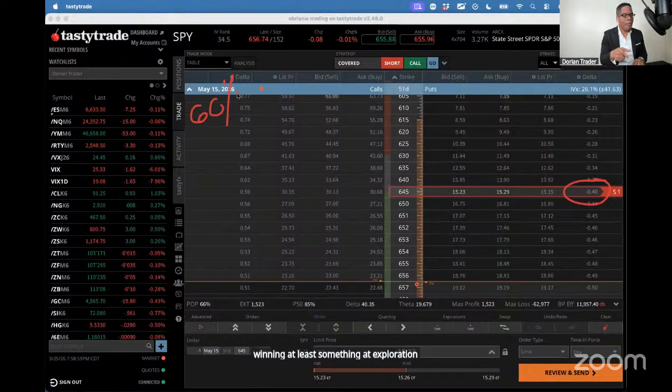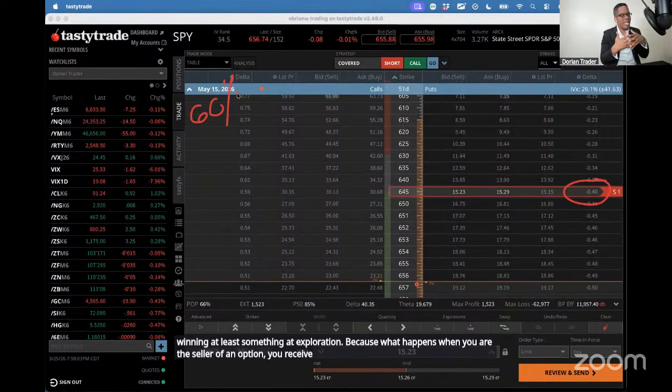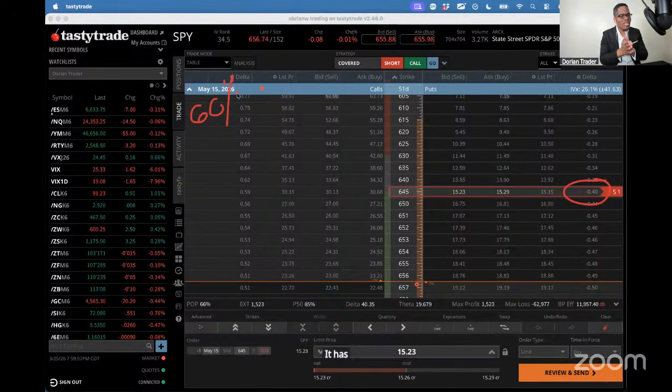Because when you are the seller of an option, you receive money into your account, and the move has to supersede that amount you received before you lose. So for example, this is the at the money line again.